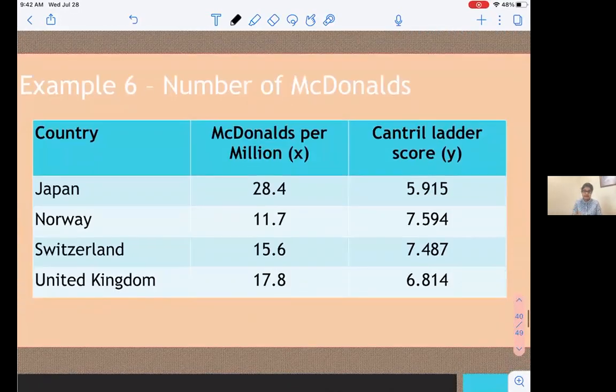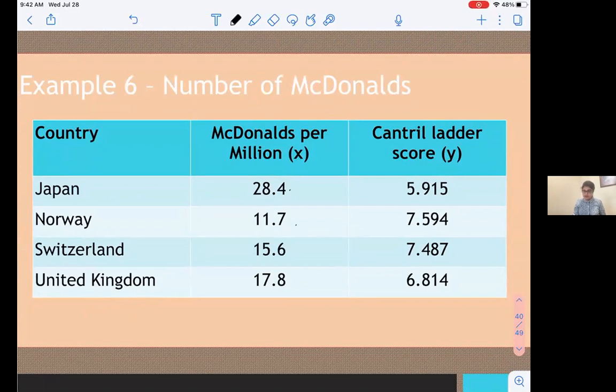For instance, take the number of McDonald's from the previous example. If I choose these 4 countries, Japan, Norway, Switzerland, and United Kingdom, the X values I'm having are 28.4, 11.7, 15.6, 17.8.